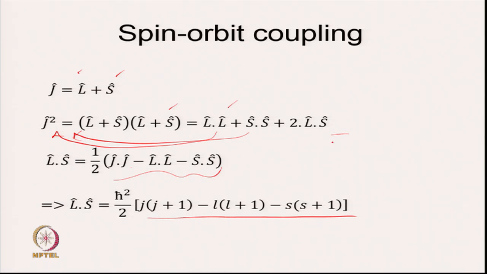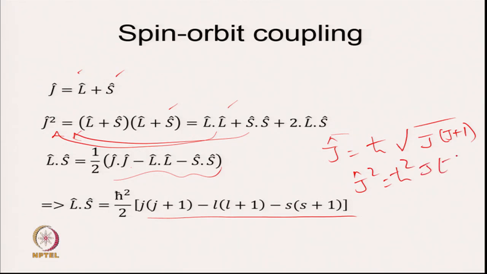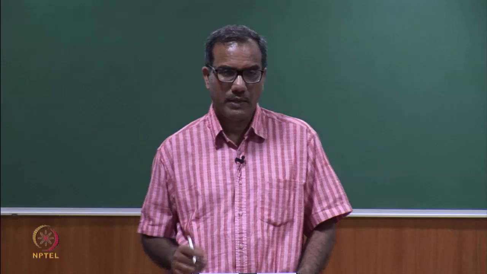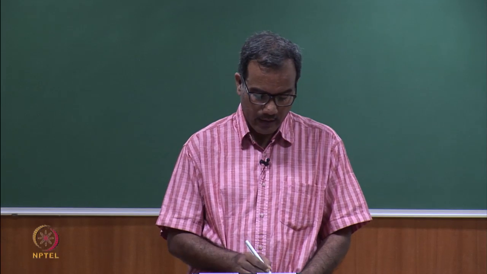We know that J square is equal to h cross square j j plus 1, that is what is written here. So, now we have calculated L dot s.